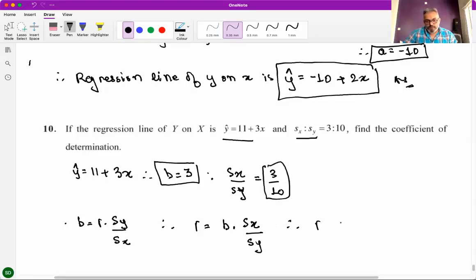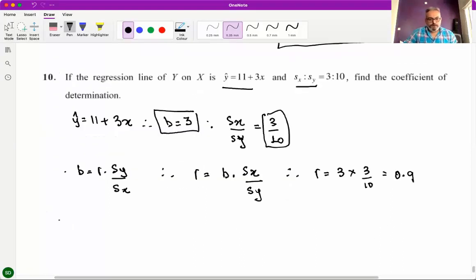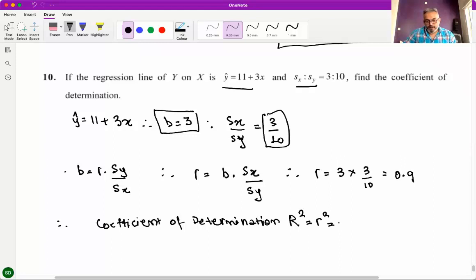So r is equal to 3 into 3 by 10, which is equal to 0.9. Therefore, coefficient of determination, capital R square, which is equal to small r square, is 0.81, 0.9 square. So this is the answer.